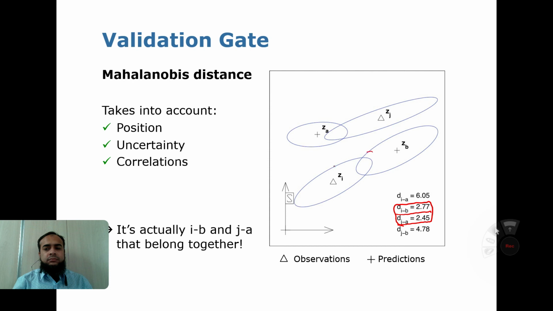IB belongs together, so it makes the same validation gate, and JA also makes the same validation gate.